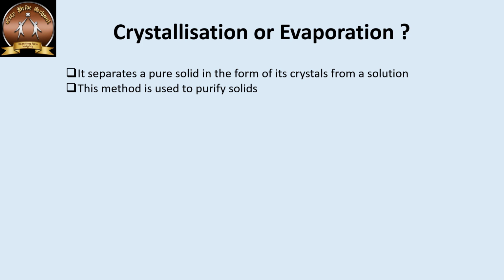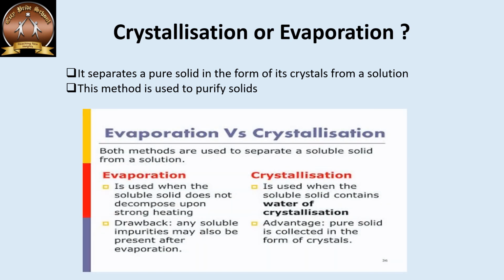Well, evaporation is to be used when the solute does not decompose even upon heating of the solution. If there is a slight chance that on heating the solute might decompose in the solution, then we have to opt for the crystallization methodology.